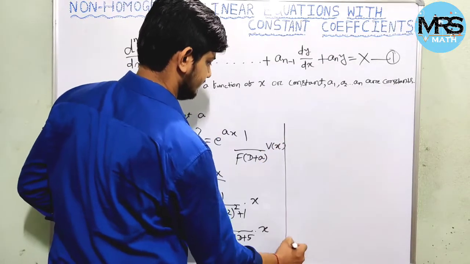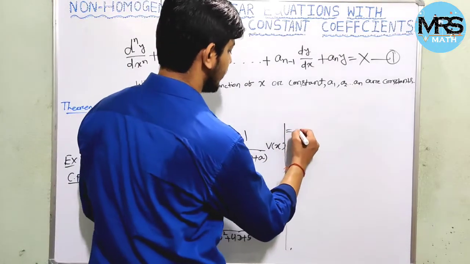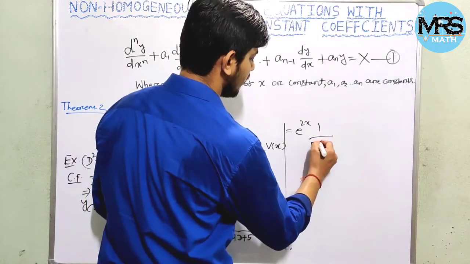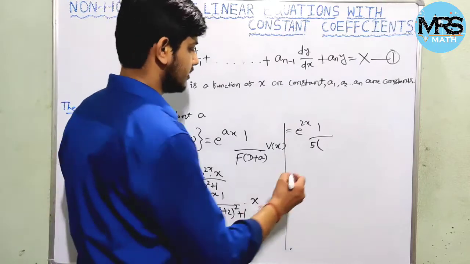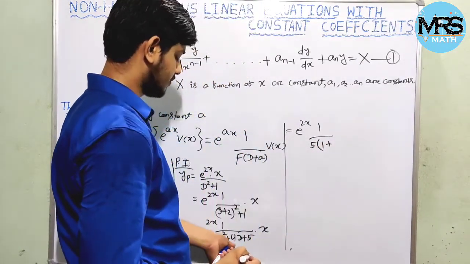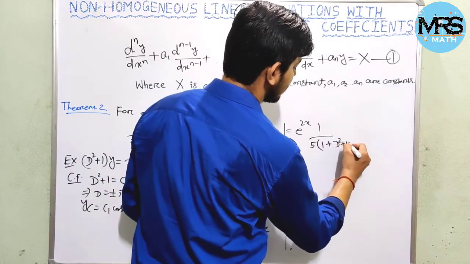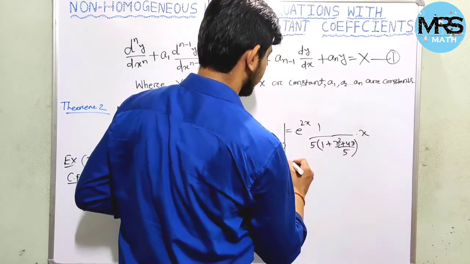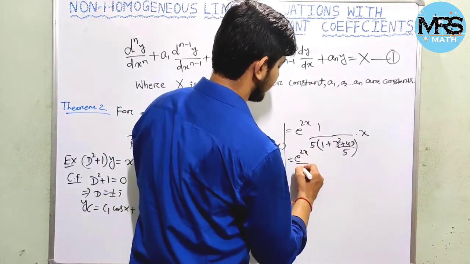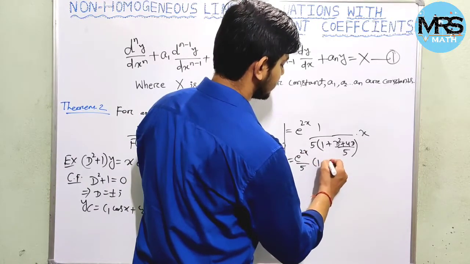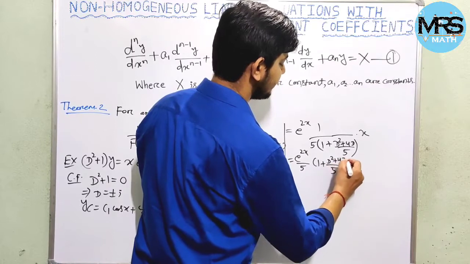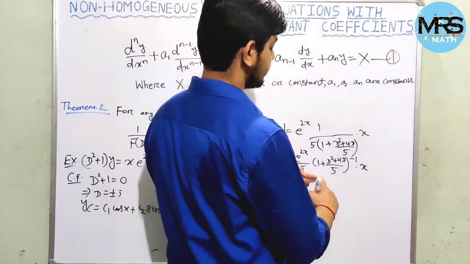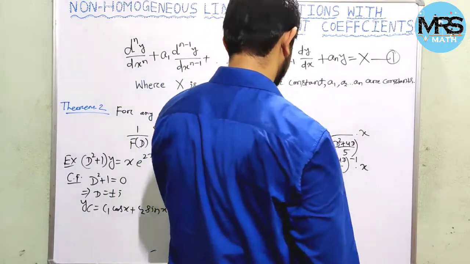So coming to here, we get e to the power 2x, and if we take 5 common, then we get 1 plus D square plus 4D over 5, into x. So we get e to the power 2x over 5, then 1 plus D square plus 4D over 5 to the power minus 1, into x.